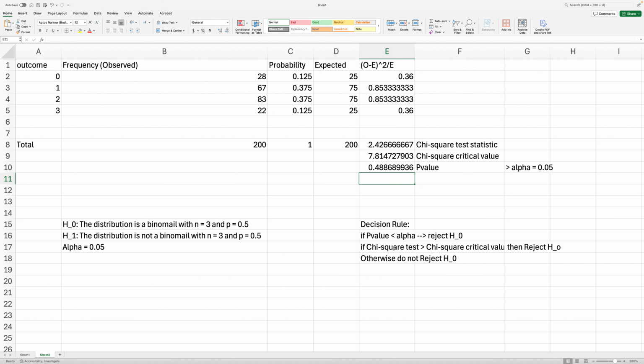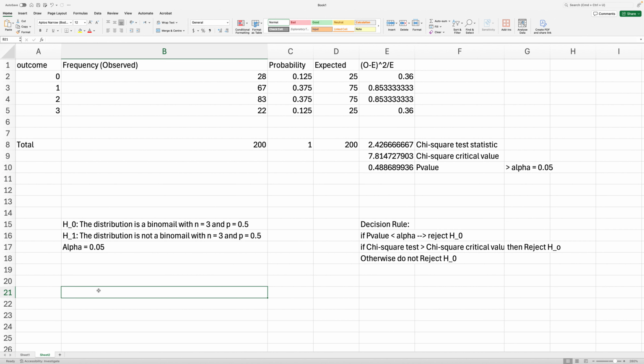We say that if chi-square test larger than chi-square critical value, we reject the null hypothesis, otherwise we don't. So chi-square here is less than the critical value, so we don't reject the null hypothesis.